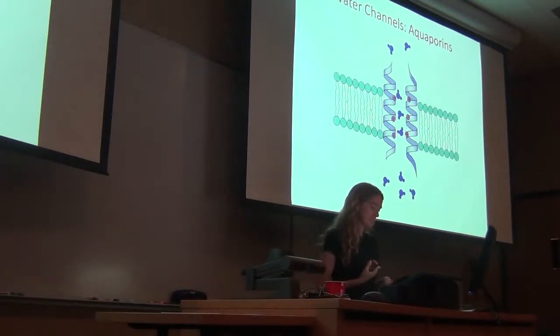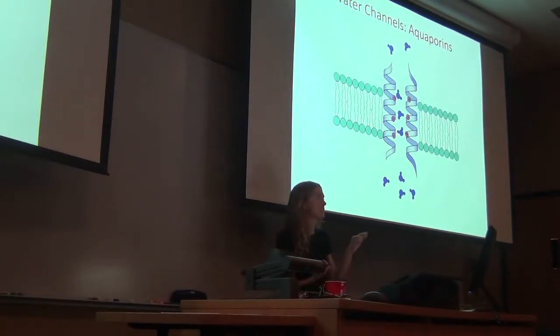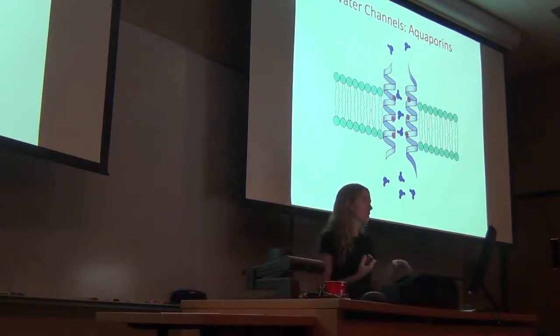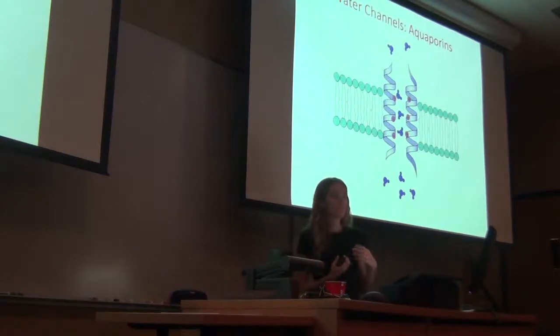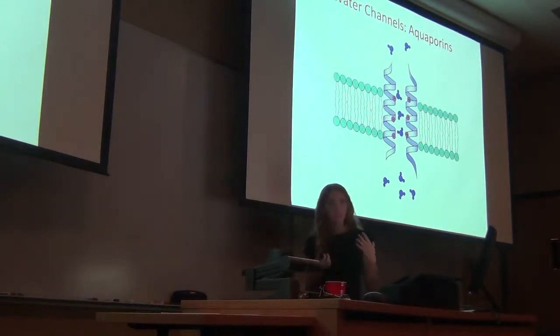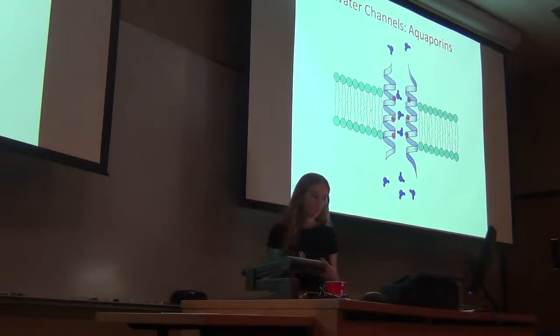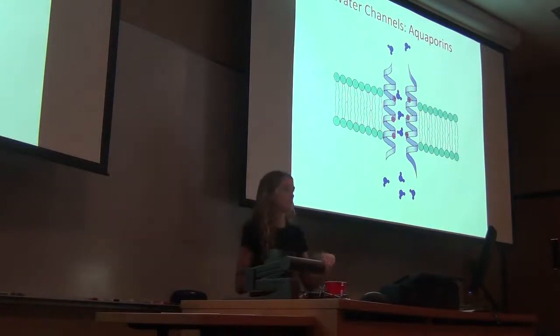around 1998 or so, when Peter Agre was studying the Rh proteins in blood, one of the Rh factors, and discovered entirely by serendipity that there was a contaminant protein always coming out in their protein preps at around 28 kilodaltons. They couldn't get rid of it.